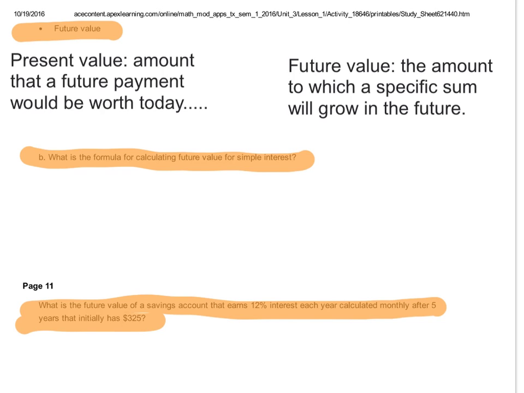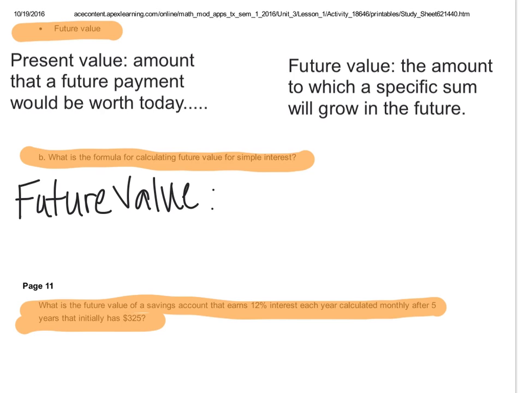The equation for doing so is, let's see, future value.